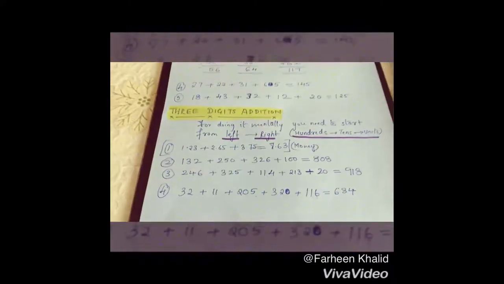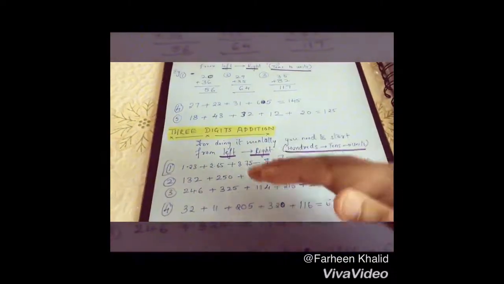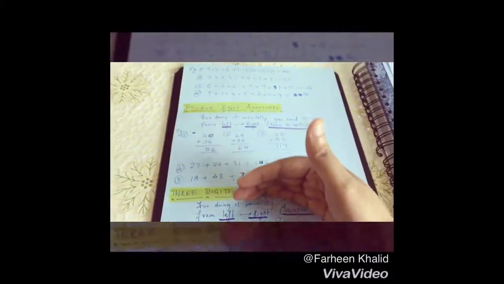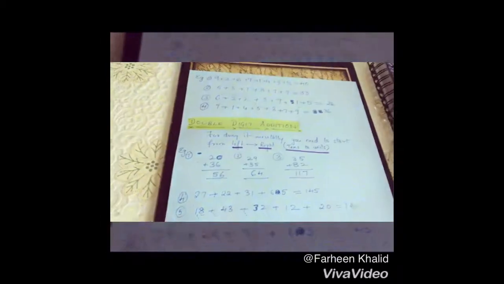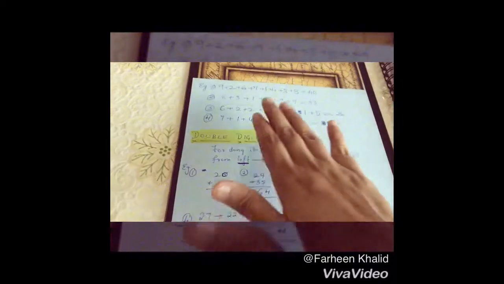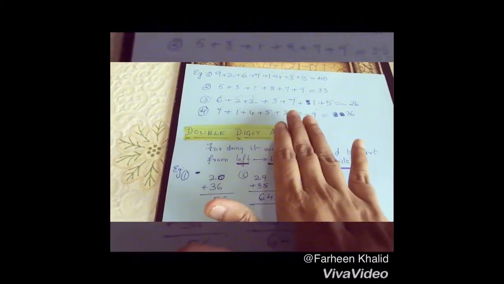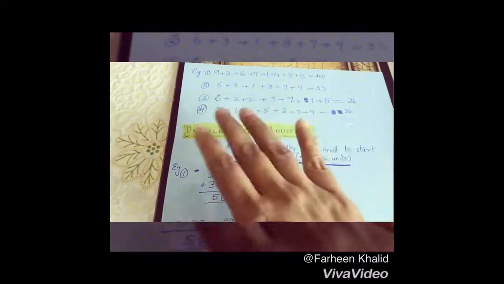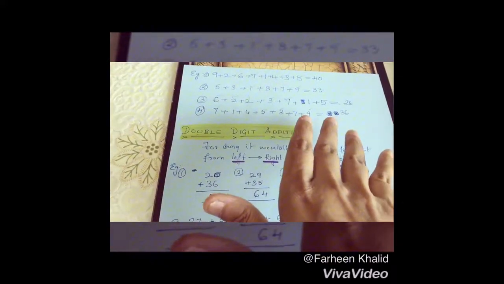So that's how it is. Basically the same model works for 3-digit, 2-digit, and single digit. You go from left to right, but in the single digit what you have to remember is the complements part. If you have the complements, you easily get the answer.